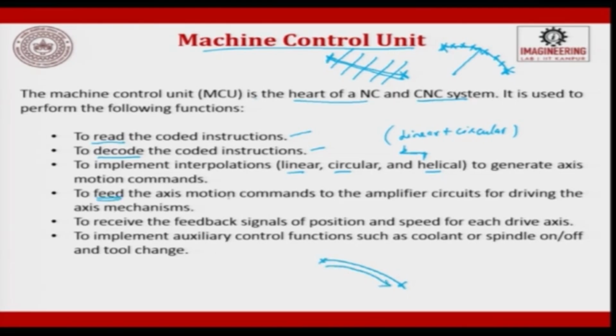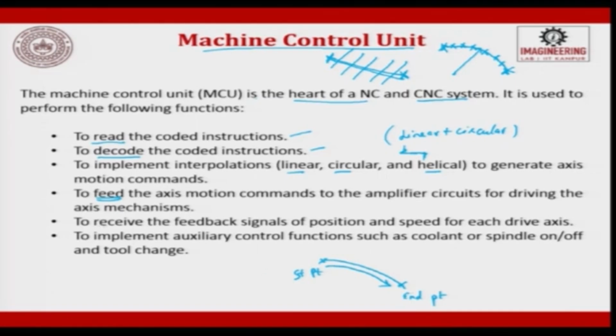The feed of the axis motion command to the amplifier circuit for driving the axis mechanism is also a function of MCU. Next, to receive the feedback. So, you have asked me to go to this location, start point, and then you have asked me to go towards the end point. And have I gone there? How do you know that? So, if I have to know that, then I should have a feedback device.